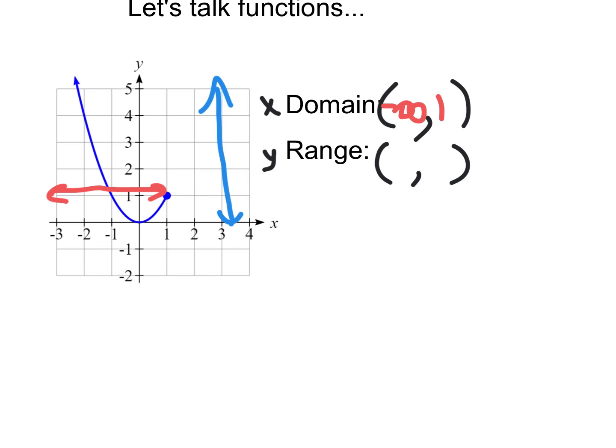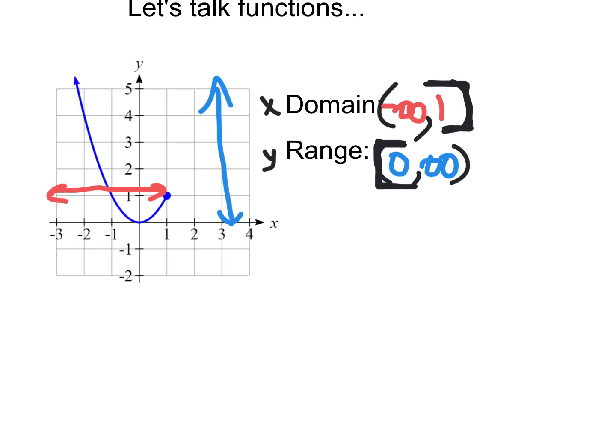The lowest this ever goes is 0, and the highest it ever goes is infinity. And then I got to ask myself, when I was at 1 for the domain, does it actually touch the 1? Yes, it does. That was a closed-in circle. And when I touched 0, did it actually go to 0, or did it just get really close to 0? It touched 0. So the brackets are when it touches it. There it is.